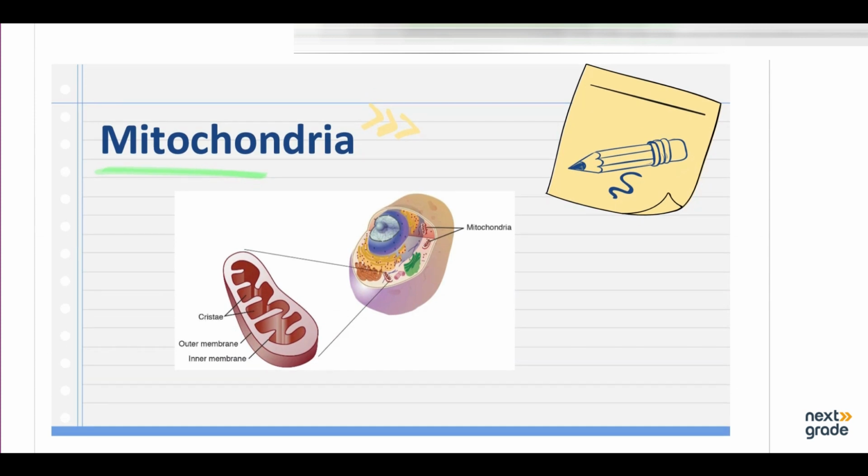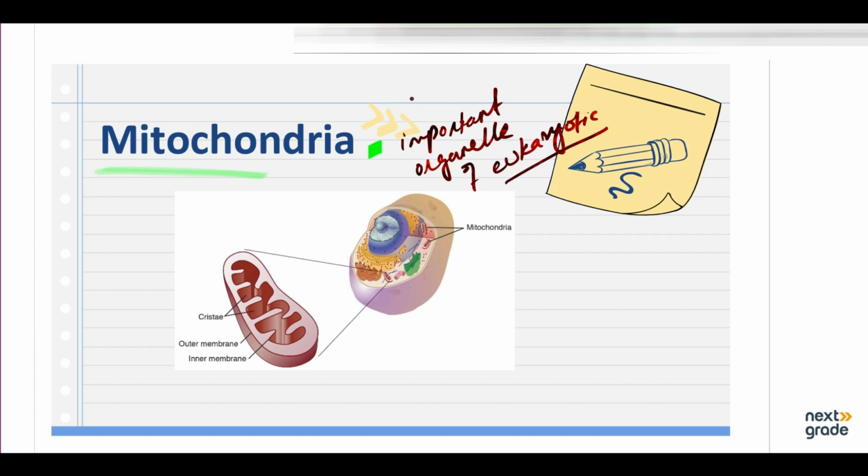Mitochondria. So mitochondria is a really important organelle of the eukaryotic cell. Why is it a very important organelle?